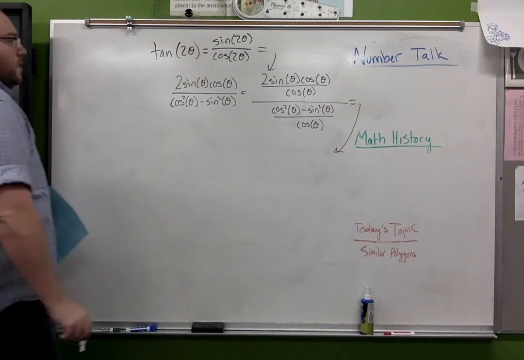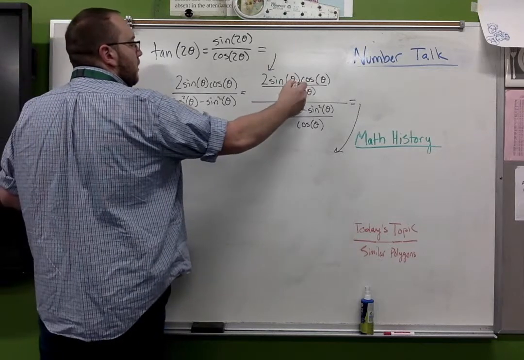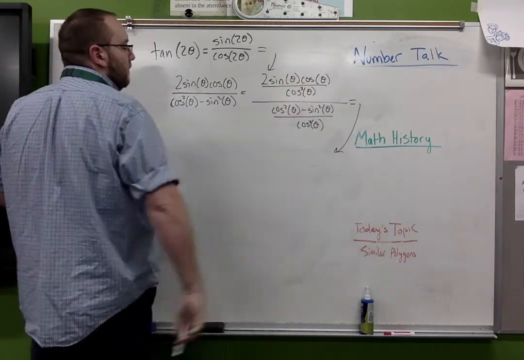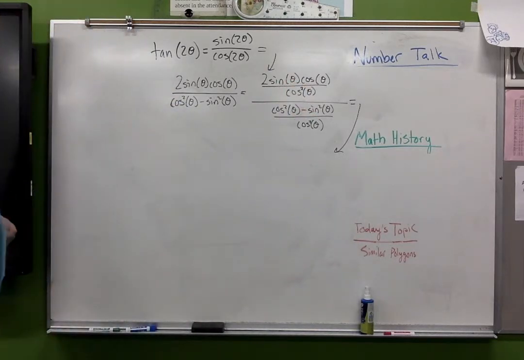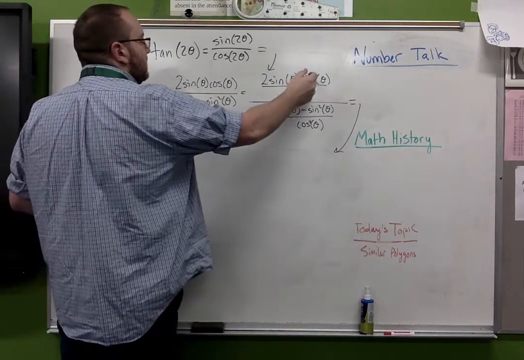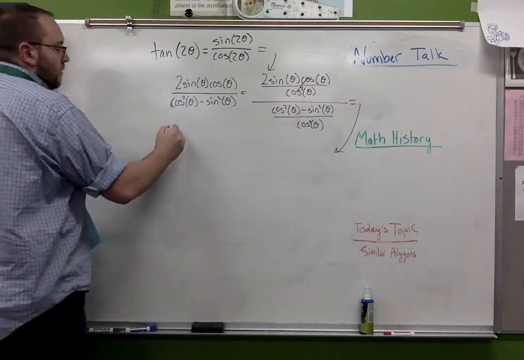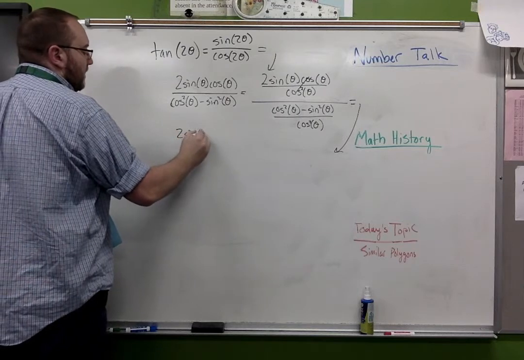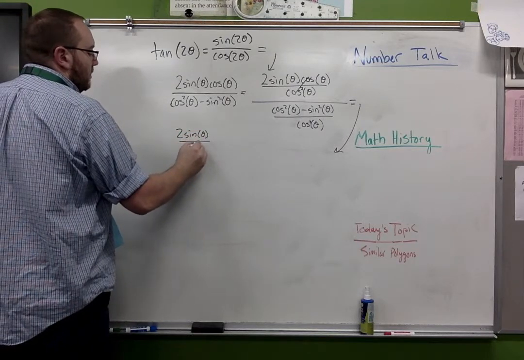In the numerator, one of the cosines reduces, so I end up with 2 sine theta over cosine theta.